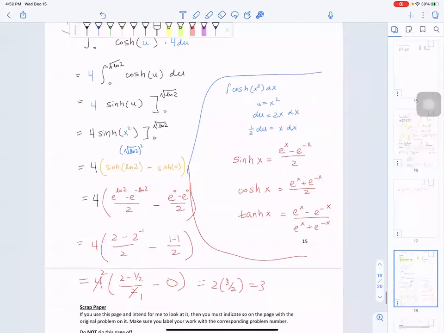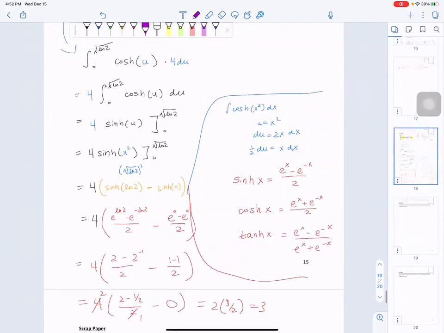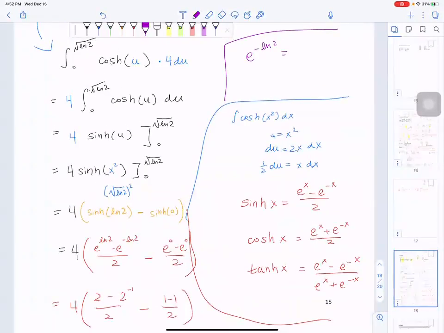Can you explain the negative e to the negative ln 2 again? Like how it becomes 2 to the negative 1? Yes. So let me write in purple here, e to negative natural log 2. Whenever you're simplifying that, you should always have the e and the natural log right next to each other. So let me imagine this is like negative 1 times natural log 2.